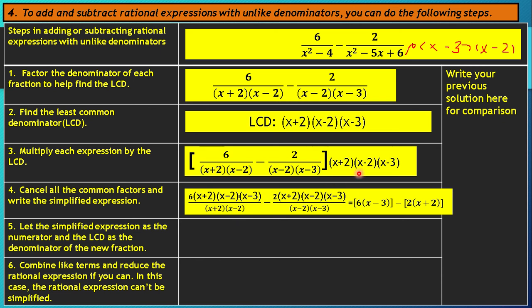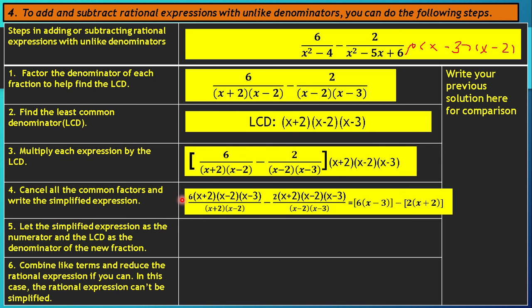Minus, yung LCD natin ulit, i-multiply naman natin dito sa numerator ng second rational expression. So this will be 2 times quantity x plus 2, quantity x minus 2, quantity x minus 3 over the denominator. So i-cancel natin yung mga common factors, yung mga factors na nag-exist sa numerator at denominator.